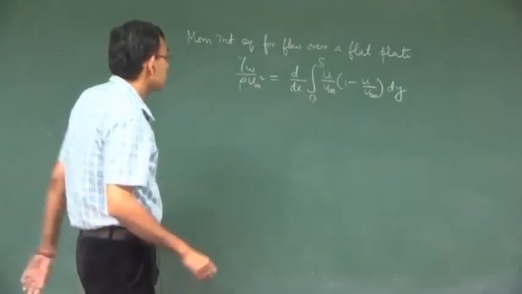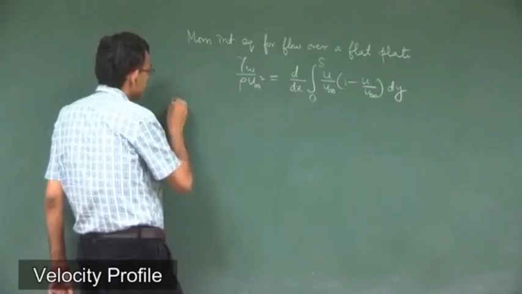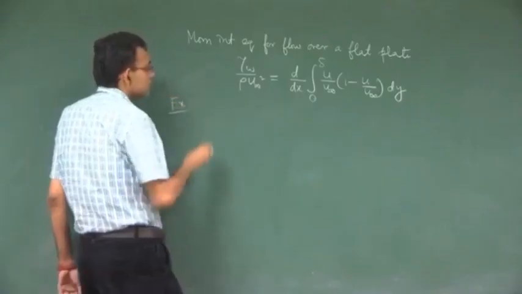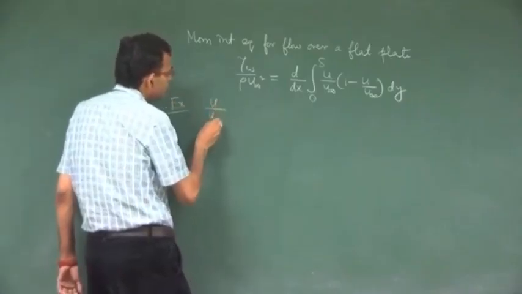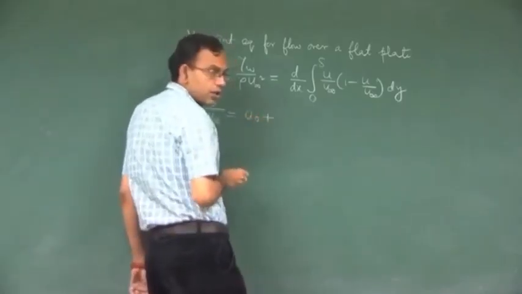So, now let us say that u by u infinity is a cubic polynomial.